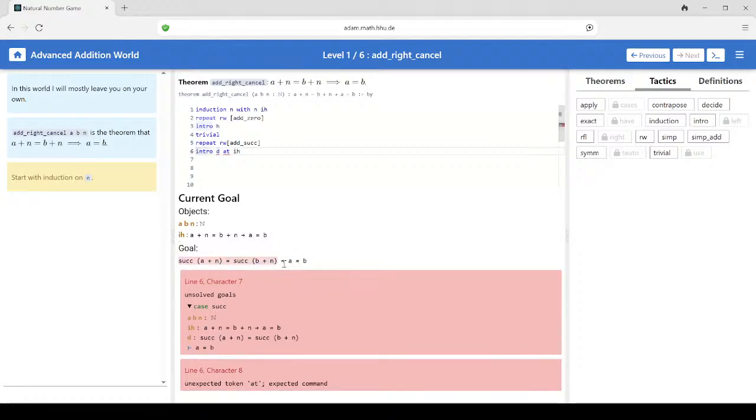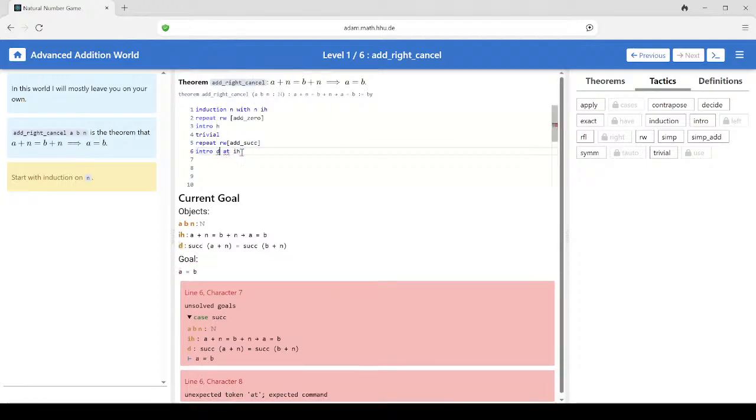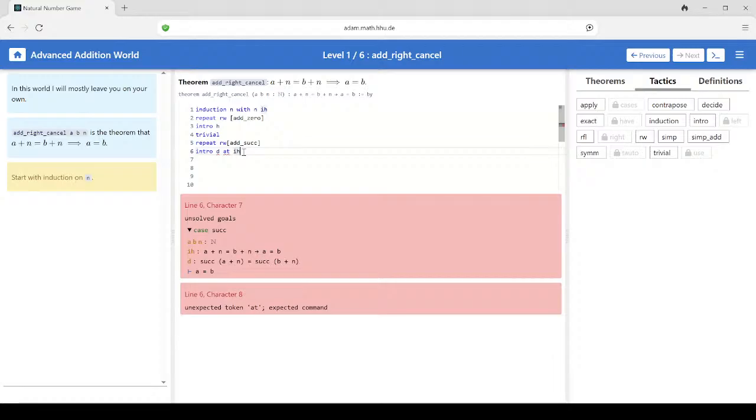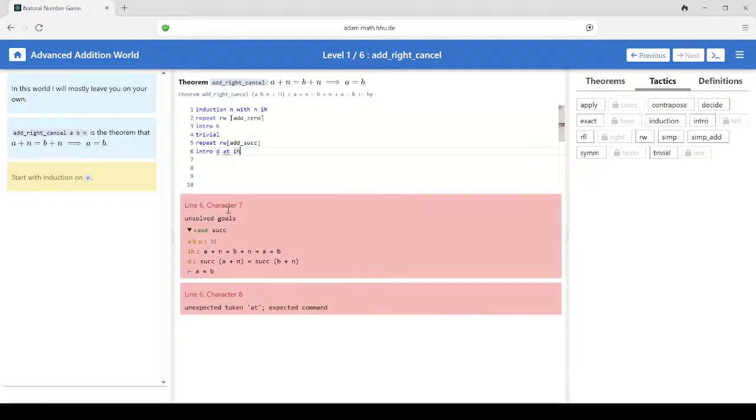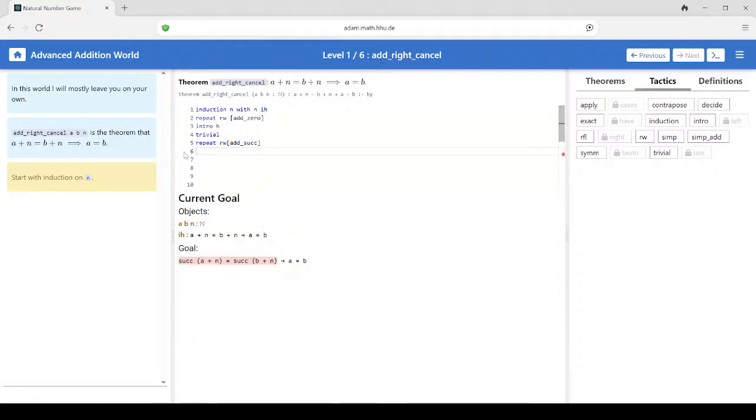I can intro this. Oh, it's weird that it's not giving me an error. It's letting me, but it's not letting me. So no, I can't intro a hypothesis from a hypothesis, I think.